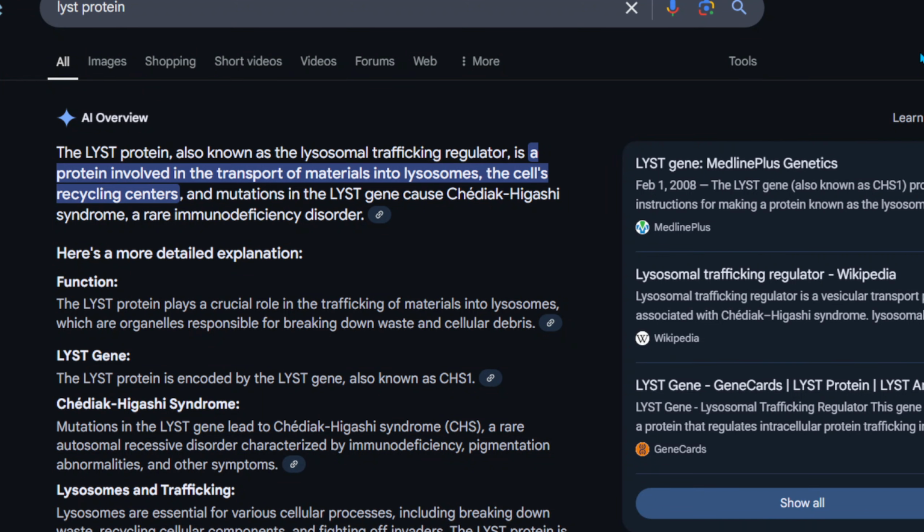It's a protein involved in the transport of materials into the lysosomes, the cell's recycling centers. The mutation of the LYST gene causes Chediak-Higashi syndrome. It's a rare immunodeficiency disorder. Here are some more details.